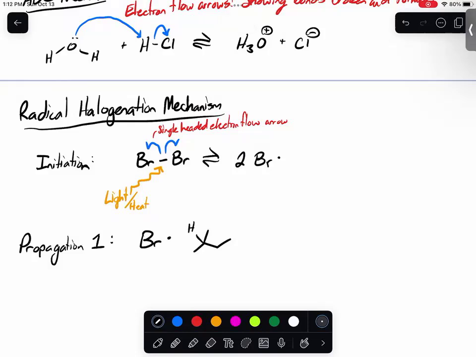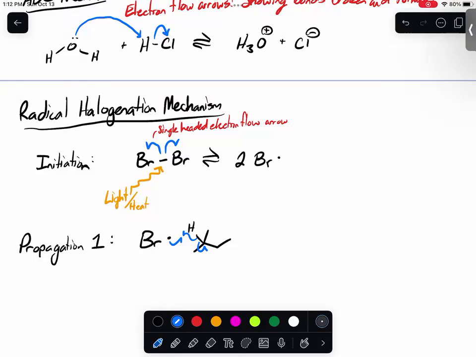The bromine's going to take one of its electrons and form a bond with the hydrogen, right? And so to form a bond with the hydrogen also needs to provide one electron. Where's it going to get that from? From the bond between it and the carbon. All right, so this is going to form a bromine hydrogen bond, all right, which is very stable. At the same time as this happening, that CH bond is breaking and one electron is staying behind with the carbon, right?